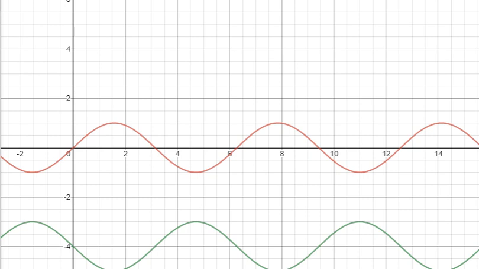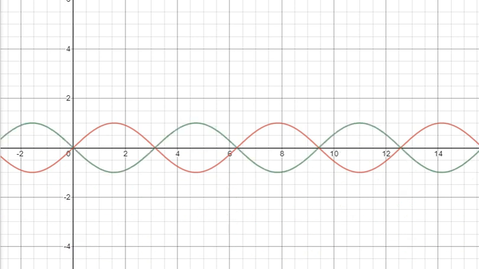Okay, so now if I bring it and overlap it, you can see that my waves should be destructively interfering, right? So let's look at the wave for the interference.